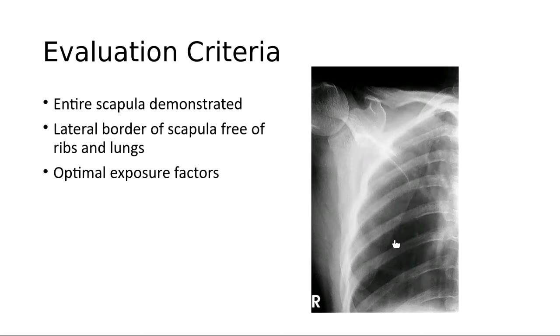The lungs and the ribs are blurred so that you're actually seeing the scapula through that. The lateral border of the scapula should be free of the ribs and the lungs. Because you allowed them to breathe, you're able to visualize much more of the scapula. If you had them hold their breath, you'd see the ribs and the lungs much more pronounced than we do in this particular image.